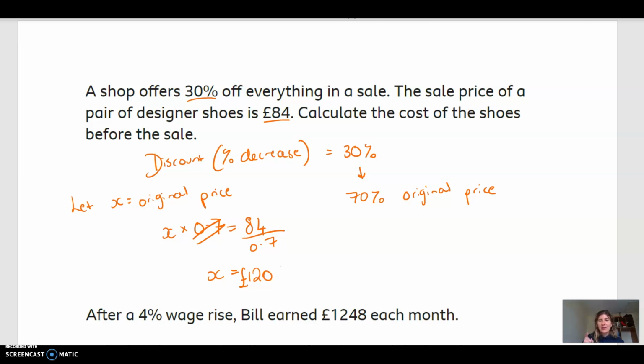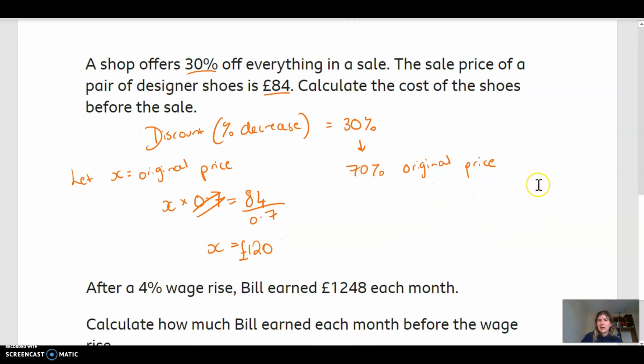If you wanted to do it the other way, where you take the percentage off and then subtract that, you could also do it that way, but it ends up being a little bit more complicated. I think it's easier in a reverse percentage to multiply by 0.7 rather than multiply by 0.3 and subtract.